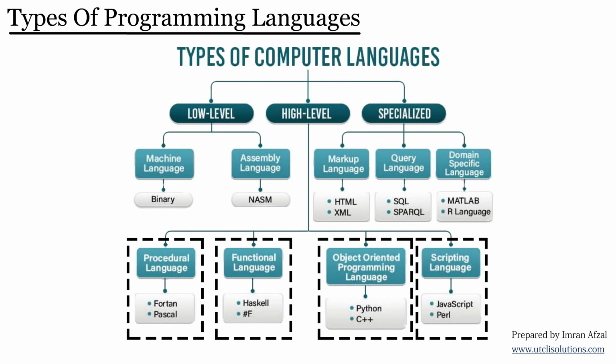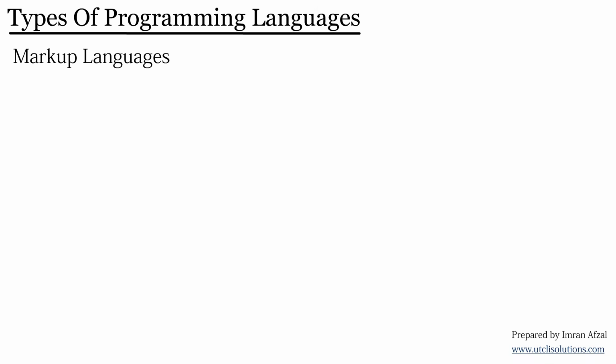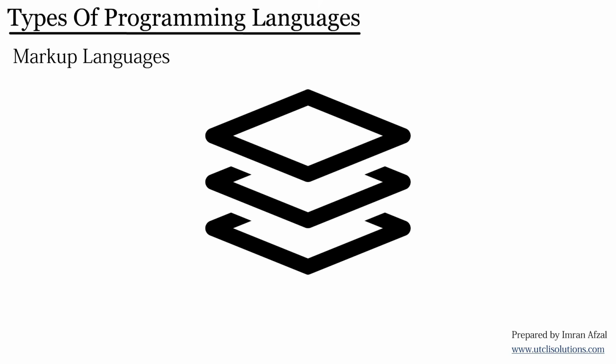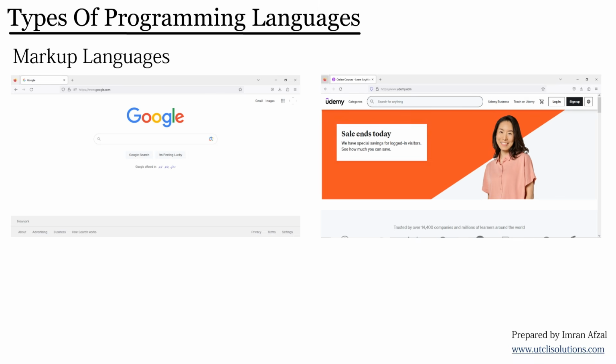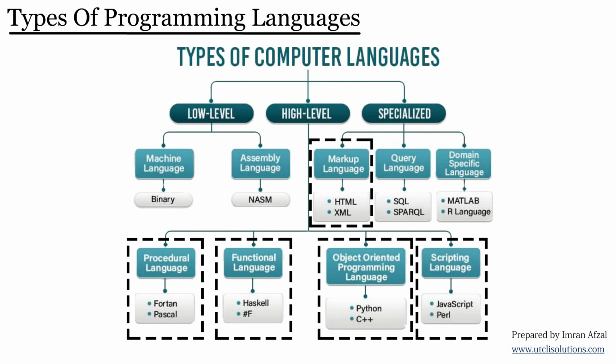Then going to the next one, which is the markup language. These languages are used to define the structure, presentation, and behavior of documents. They are not traditional programming languages, but are essential for web development. Examples of markup languages include HTML, XML, and CSS. Then we have query language.